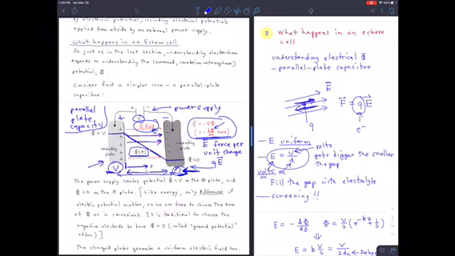And so if I have, for example, a 1 millimeter gap, pretty small gap, and I have a 1 volt potential, then the electric field in the gap, since it's uniform everywhere, is equal to 1 volt per millimeter, which is 10 to the third volts per meter.